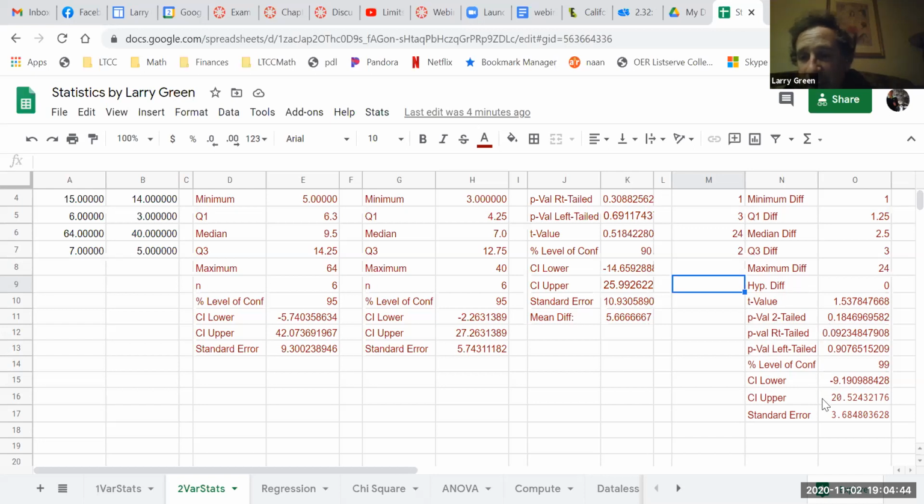Okay, what's the p-value for our particular example? What I did is I wrote down, because I programmed this, p-value two-tailed, p-value right-tailed, or p-value left-tailed. Which is it?